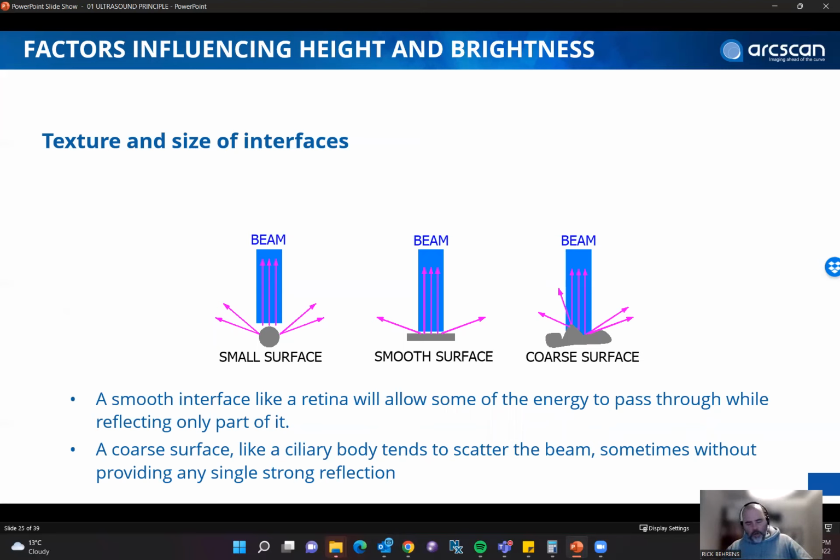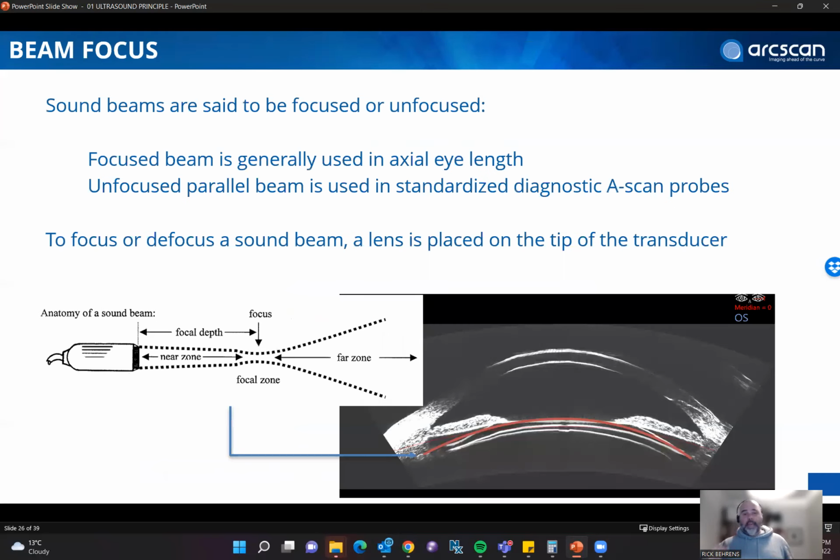Think how clear the cornea is, and how clear we can usually see the iris. But when we see a cyst, it looks a little bit weird, and that's where things get a little confusing. So we need to recognize that some structures are going to give a different resolution or perception.